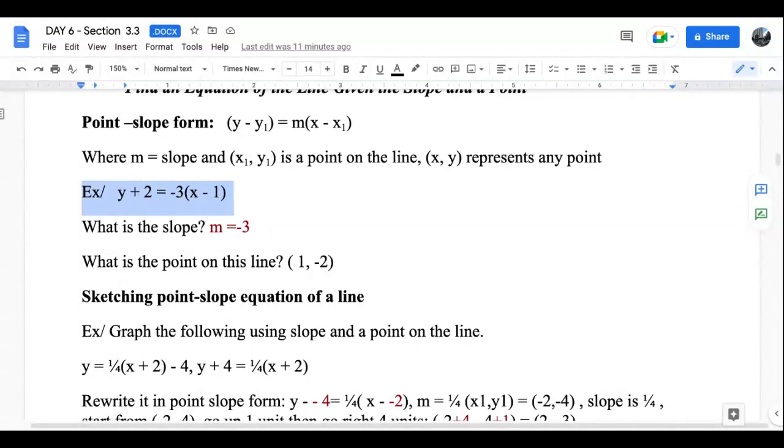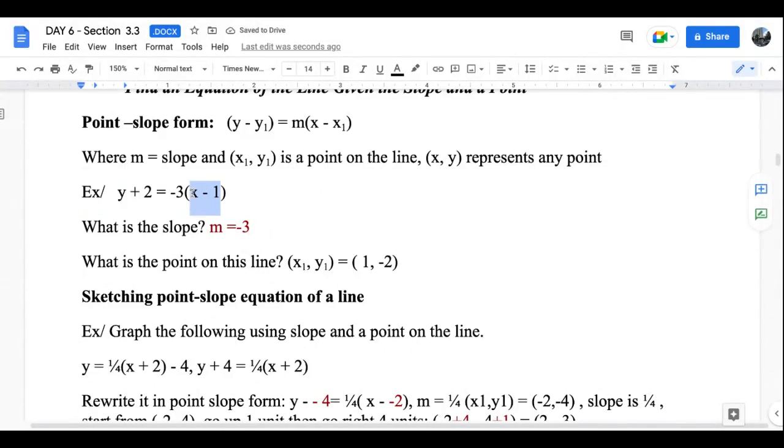We recognize this is a point-slope form. Well, the slope is just the number before x. We see it's negative 3. What is the point on this line? I think about it as x1, y1, right? x1, y1 is 1 and negative 2, right?